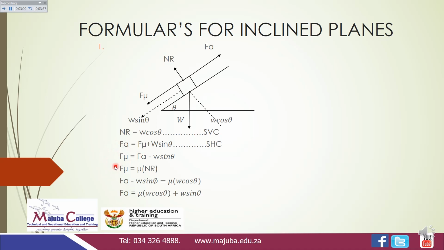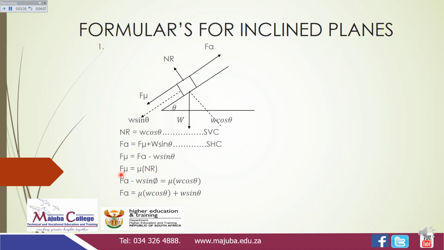So we'll make FU the subject of the formula from the horizontal components. Your FU will be equal to FA minus W sin theta. And we are going to take our universal formula, the one that we used to derive the formulas for objects on the horizontal surface: FU equals mu times the normal force.